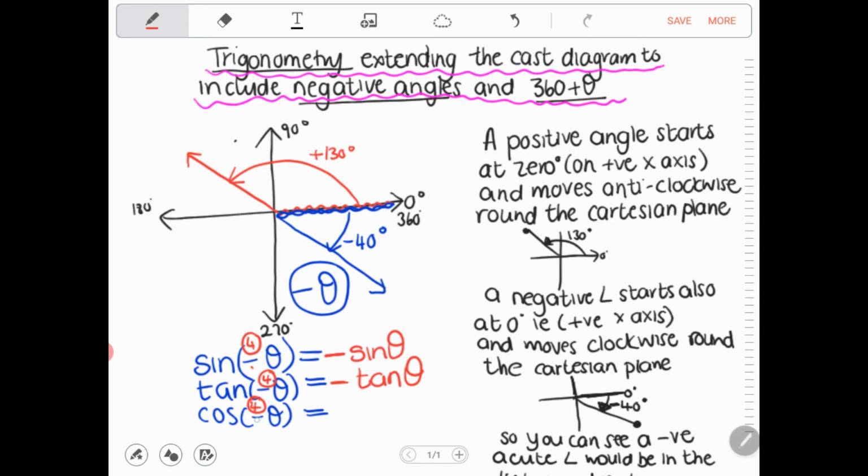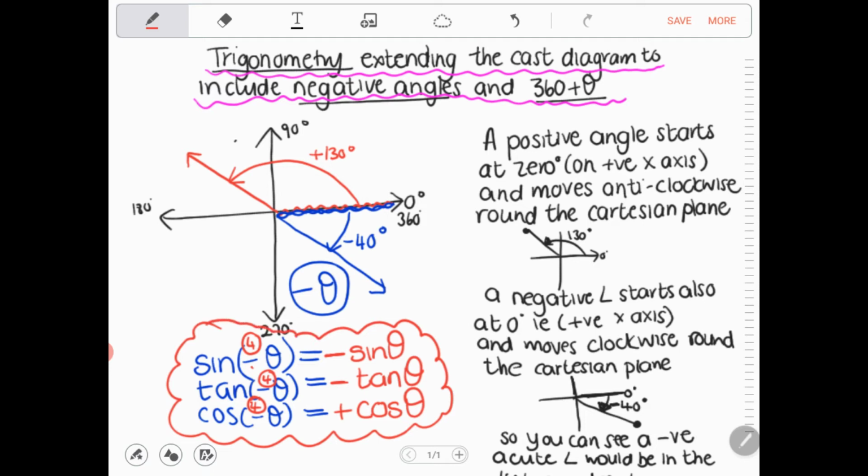Hopefully by now you know that in the fourth quadrant cos is positive. So that would change to positive cos theta. All right, so all we really need to remember is that if you see an angle of negative theta, you identify it as being in the fourth quadrant, and we work from there.